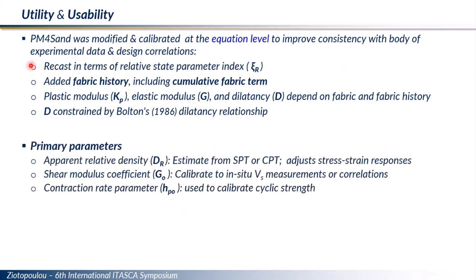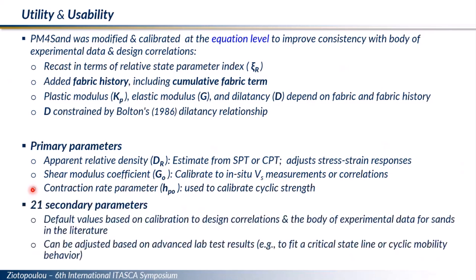Usability has to do with having input parameters that can be easily obtained or reasonably easily obtained in practice. So we have 3 primary parameters. 1 for strength, basically, relative density in PM4SAN. In PM4SILT, that would be the undrained strength, or in a ratio format. The shear modulus coefficient, you need something for your low strain behavior to capture the stiffness, and then a contraction rate parameter that you calibrate against strengths.